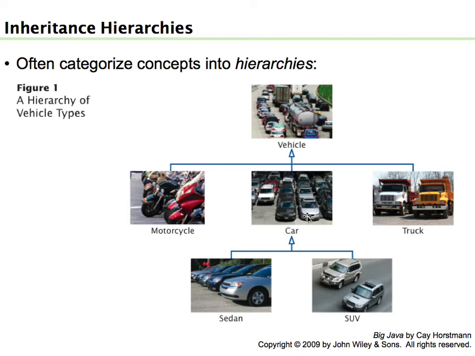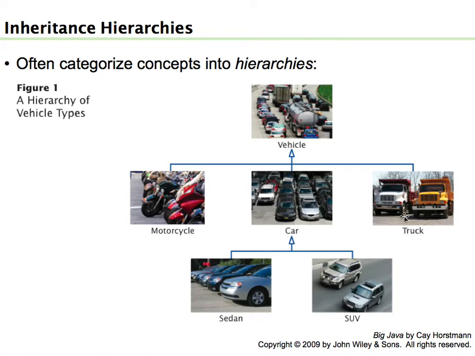And within the car type of vehicle, there could be different types as well, like a sedan is a type, an SUV is another type. What you see common among all of those is that a vehicle is a concept that contains a very general idea of what a vehicle is, the things that have to exist in all vehicles regardless of their type.